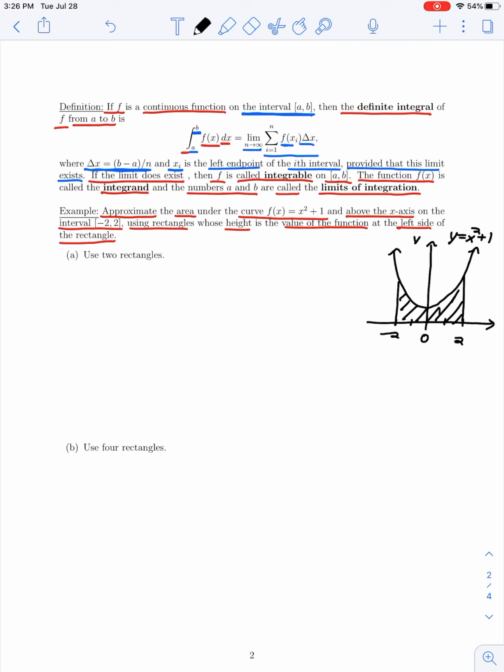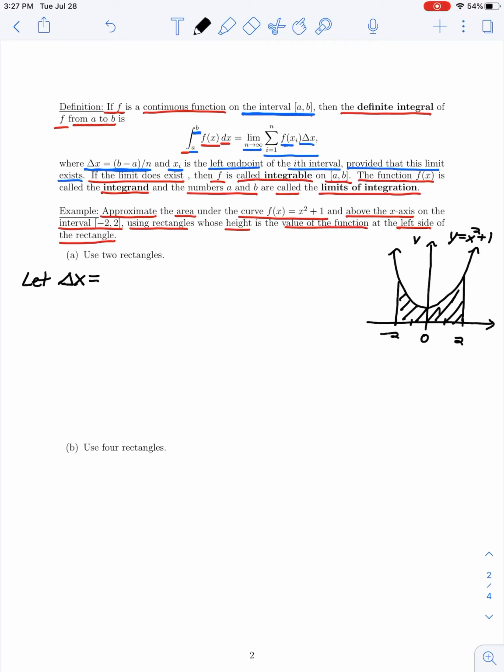So now, in order to find this area, or to approximate this area, we're told that we're going to use two approximating rectangles. So in order to find the base of these rectangles, we're going to take our total interval, which was from -2 to +2, and divide it up into two equal subintervals. So the length of those subintervals is what we were calling delta x.